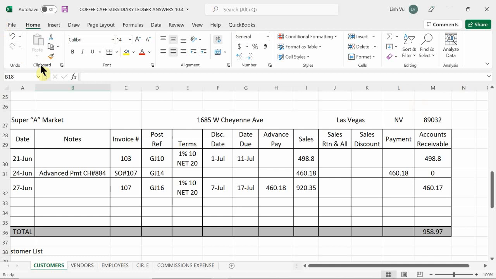So let's take a look at invoice number 103. Now in this case, they owe me $498.80. Okay. So what's the discount here going to be? $4.69, right?